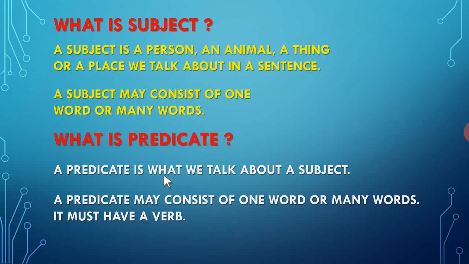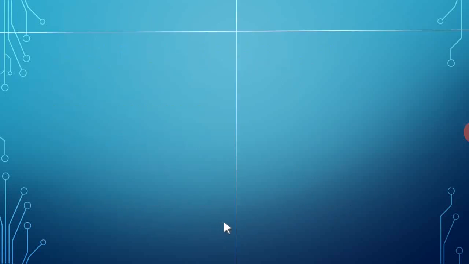A predicate is what we talk about a subject. A predicate may also consist of one word or many words. But the most important thing is the predicate must have a verb. Now let us learn more about subject and predicate with examples, children.